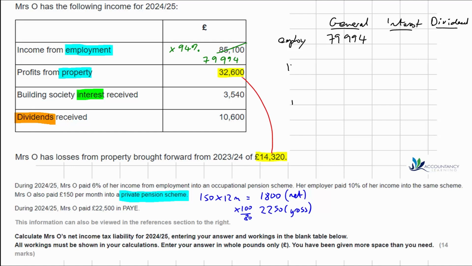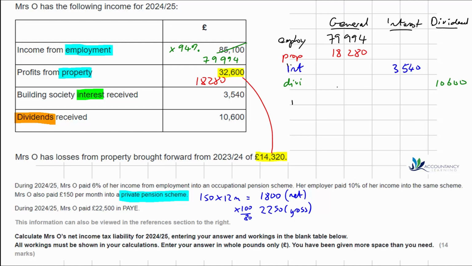So if we take our 32,600 and deduct 14,320, that means we have an amount of 18,280. So that's our property income. And then we also have our interest income, and that's going to be the 3,540. And then we also have our dividend income, which is the 10,600.